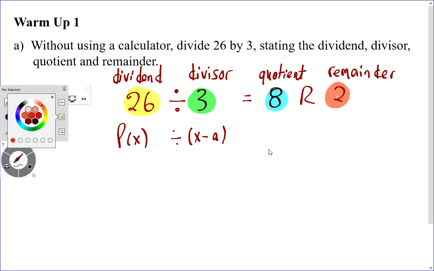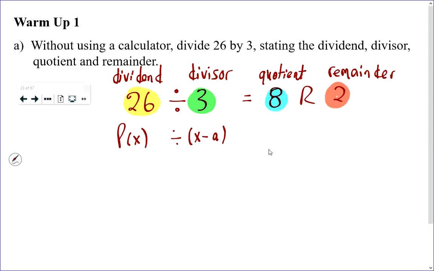I had written a minute ago, and I erased it, 26 divided by 3 equals, and then it was a statement with numbers and words. Well, that's not a mathematical statement. I've always disliked the word remainder, because I think it instills in students early on in math a misconception about what a remainder is. It's a leftover, that's true.